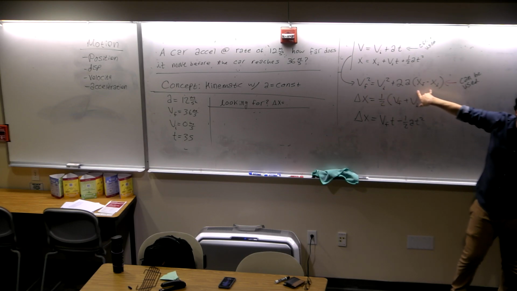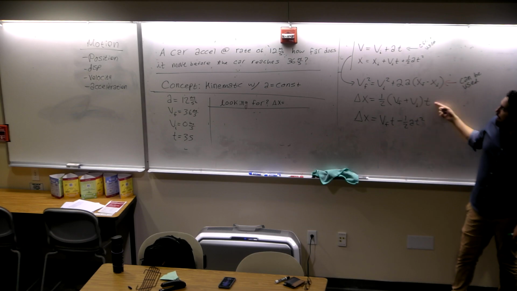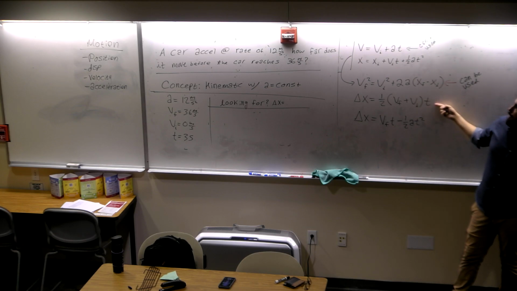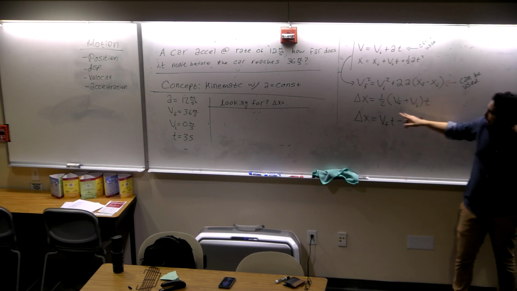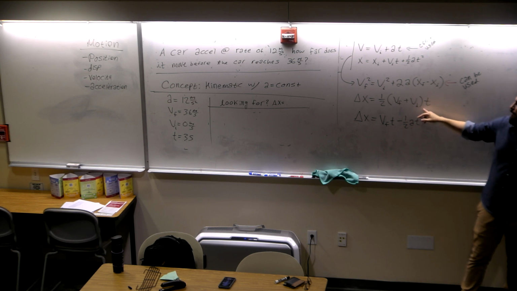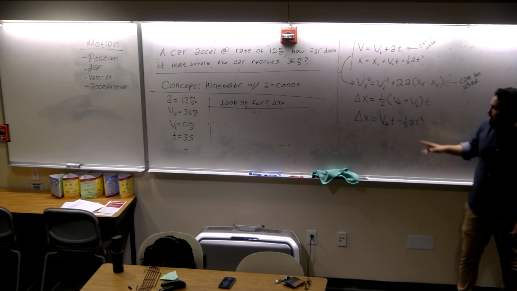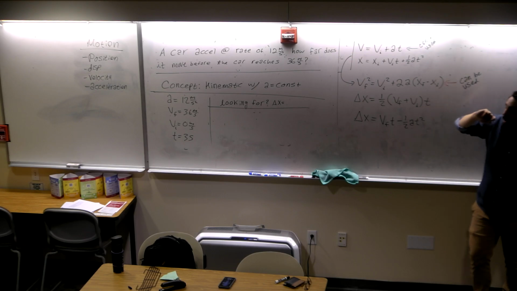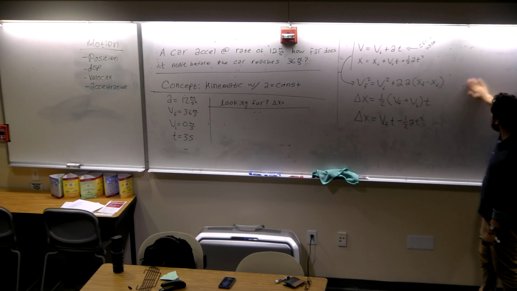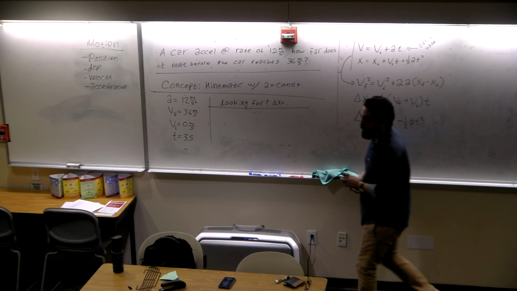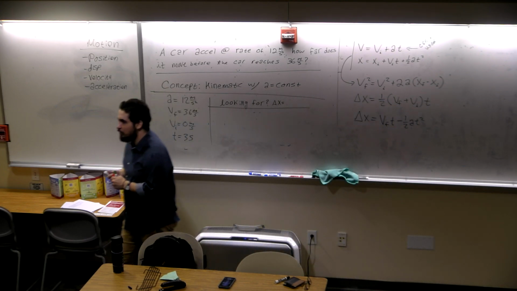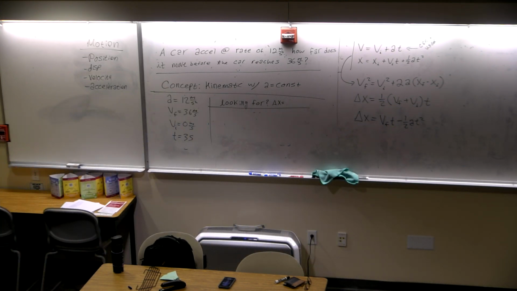It's usable to find delta x. This fourth equation, delta x is 1/2 times v final plus v initial times time, usable to find delta x. In fact, all of them are usable to find delta x. So we just pick one that we want to work with. It doesn't matter which you pick.